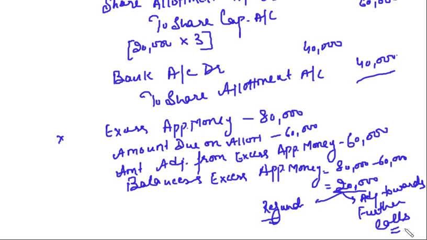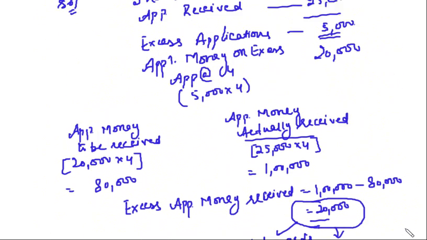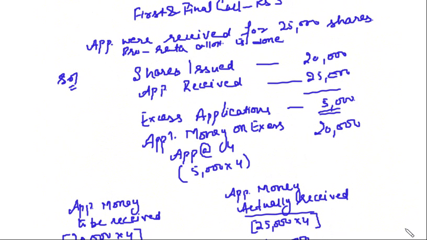Now, is this clear, friends? I have tried my best to clear the concept of pro rata allotment, that is partial allotment, that we do not reject applications, we allot shares to all the people on a partial basis. If someone has applied for 10,000 shares, we are not going to give him 10,000 shares, we give him 6,000 or 7,000 shares on the basis of pro rata allotment. Then excess application money received on excess applications will be adjusted towards the further calls.